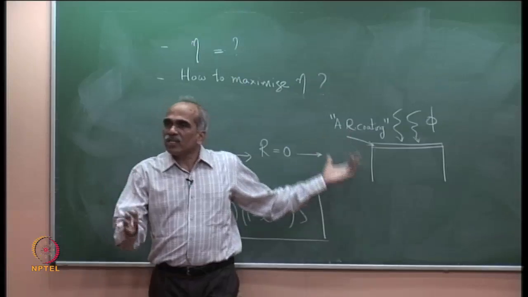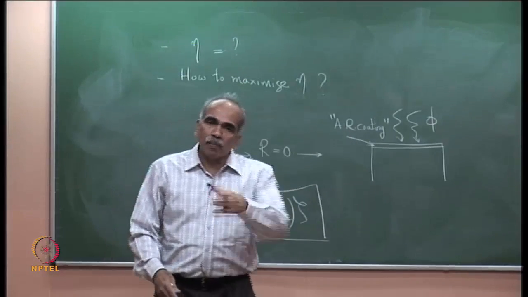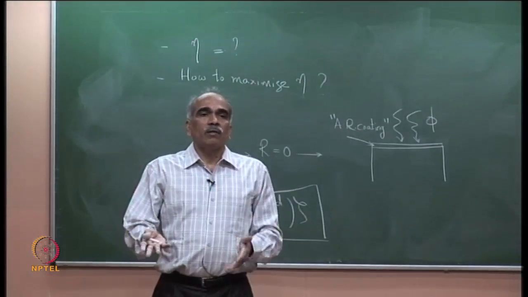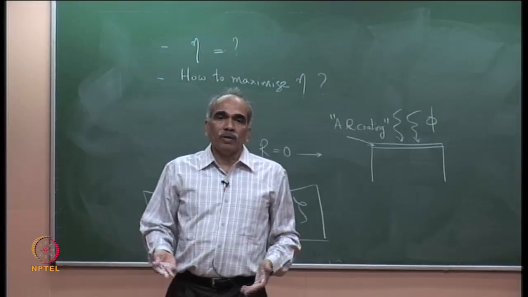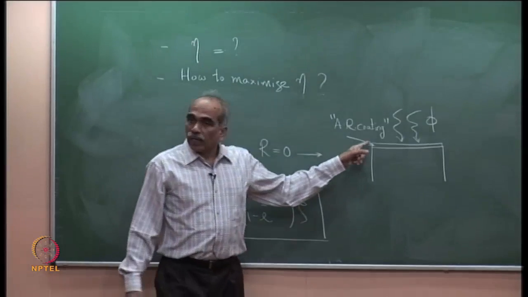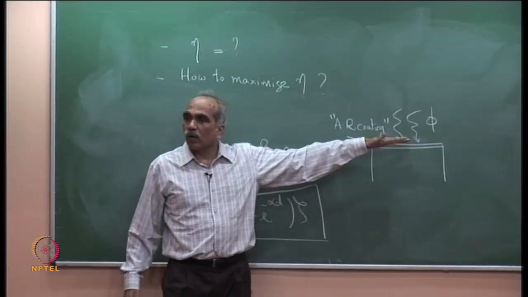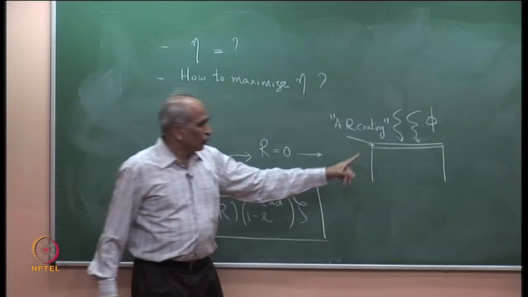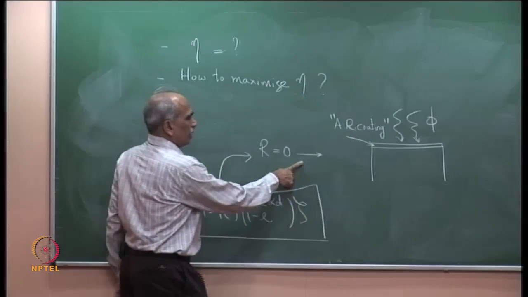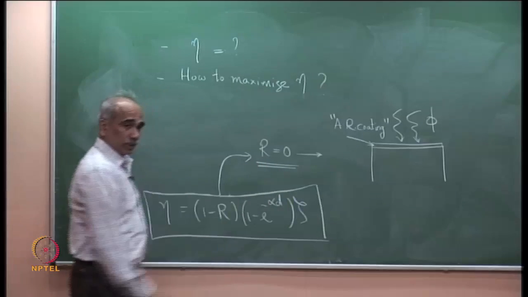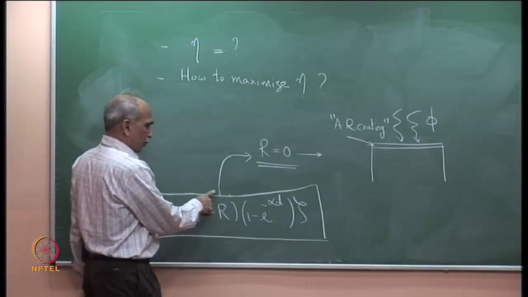But if your application is specific, like optical communication, where your wavelength is around 1.55, yes, you can have an AR coating which will cut R down to 0. So AR coating will lead to R equal to 0. This is the first point.